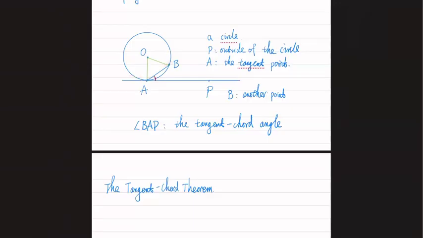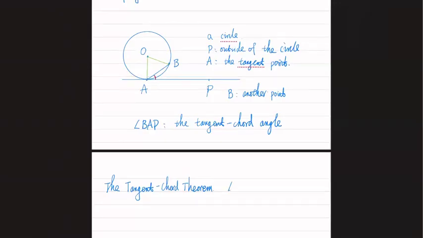So we call it the tangent-chord angle. The theorem tells us this angle BAP is similar to what we had for the inscribed angle.